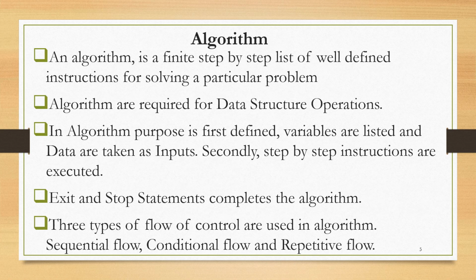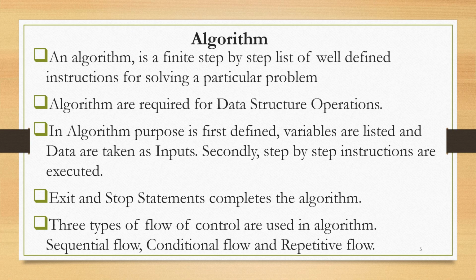Now when you say data structure, immediately algorithm comes because each data structure has to be accessed in a different way. Depending on the data structure, you have to access the records. So algorithm is associated with data structure. Now, what is an algorithm?